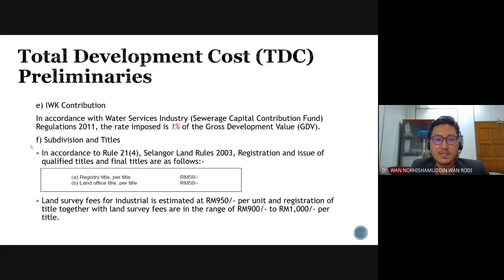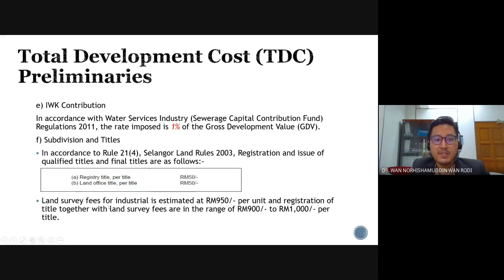So in this context, you have to pay several fees in accordance to the Land Rules 2003. Registration and issue of qualified title are as follows. You have to pay RM50 per title. So let's say you have 100 units of houses, so 100 times 50 ringgit. So you have to pay that.